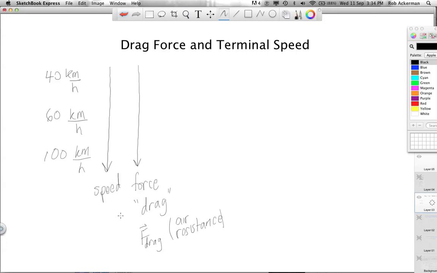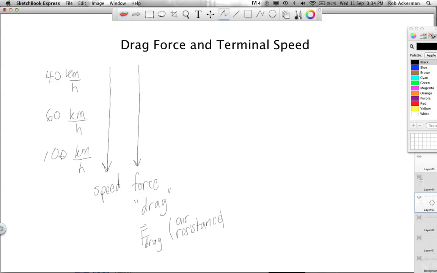What are some of the other factors that affect the force of drag? Well, another thing you can do while you are moving along with your hand out the window is you could try holding your hand so that your palm is sort of catching the wind. In other words, hold your hand out the window so that the palm of your hand is facing forward. And so you're almost catching the air in your hand.